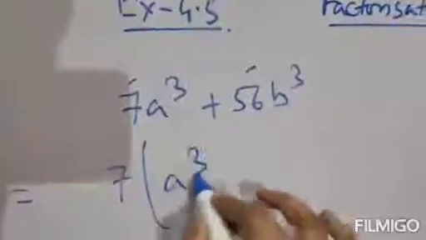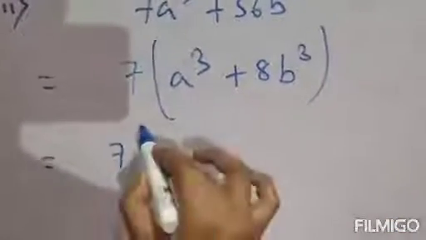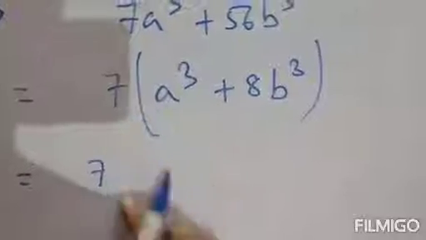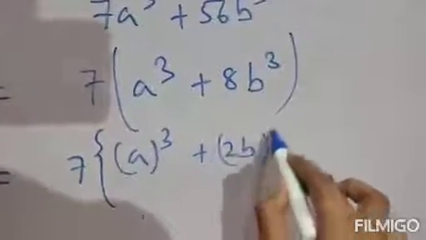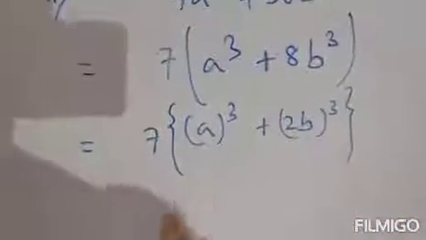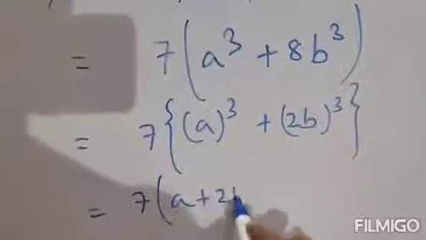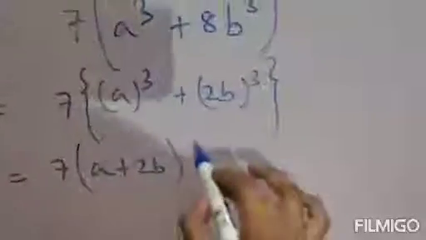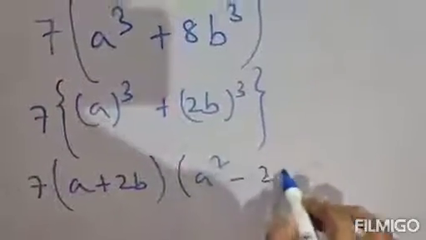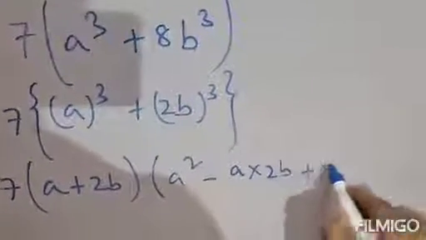So there is a cube and there is 8. Now you can write this in cube form, that is a cube and this is (2b) cube. Now this is your a and this is your b. So the formula is a cube plus b cube, that is (a plus b)(a square minus ab plus b square), and b is here 2b.